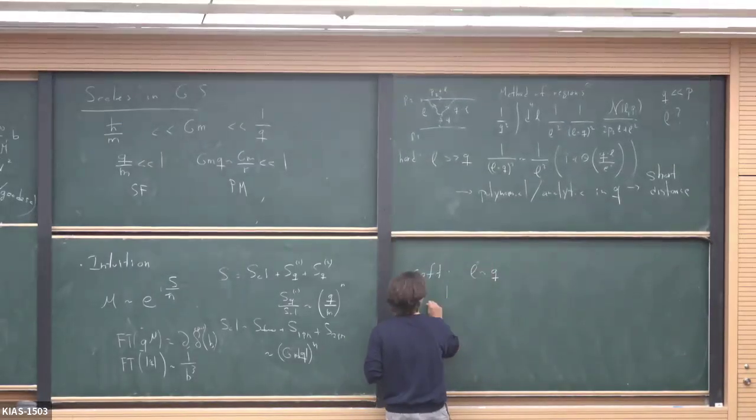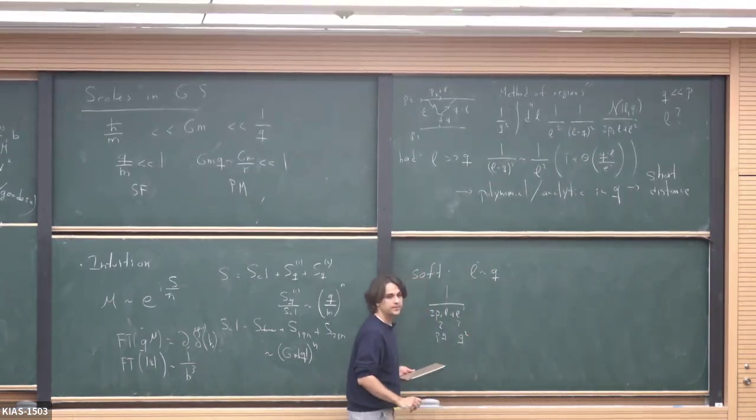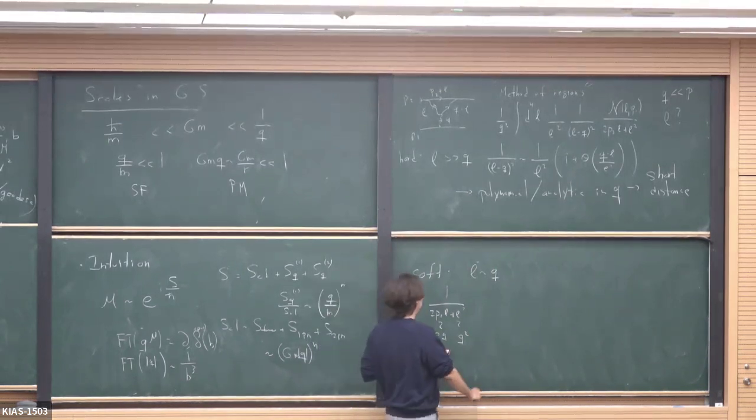So we have that 1 over 2, is it P2? P2 dot L. This term goes like PQ, but this term goes like Q squared. So again, I can expand it away. Okay?